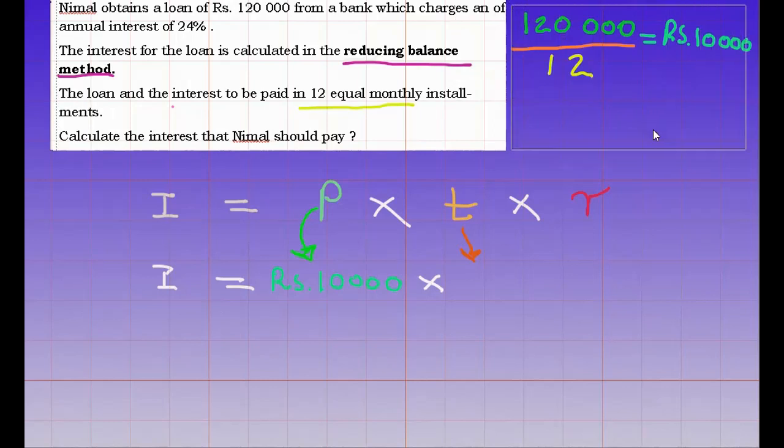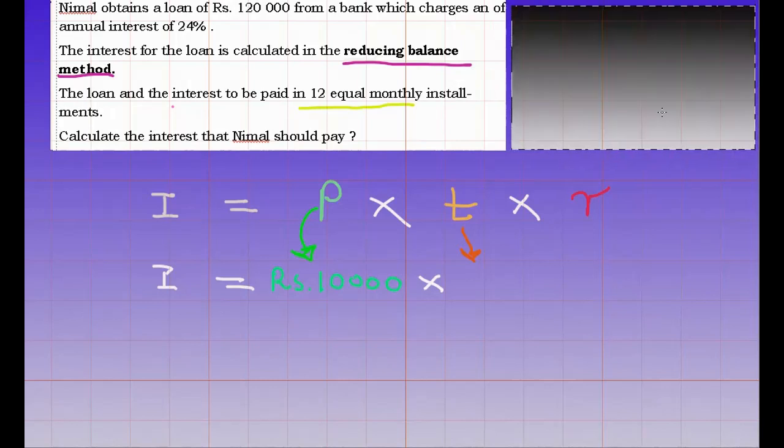So how do you calculate the month units? Let's do the calculation up here. Month units is a special unit you use when it comes to reducing balance method calculations. All right.